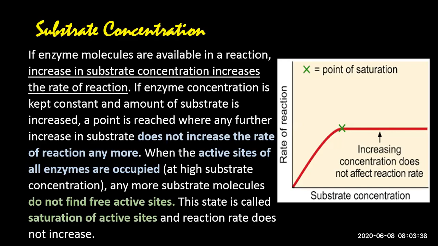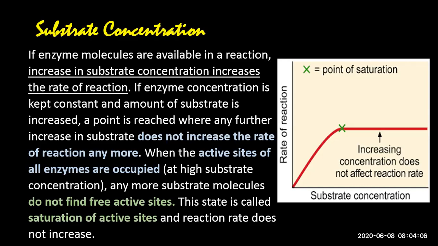So in an enzyme catalyzed reaction, how many things are there? Enzyme is there, substrate is there, and after a while the substrate is going to convert into product. So if you increase the substrate concentration in a reaction, the rate of reaction is going to increase to a certain limit.